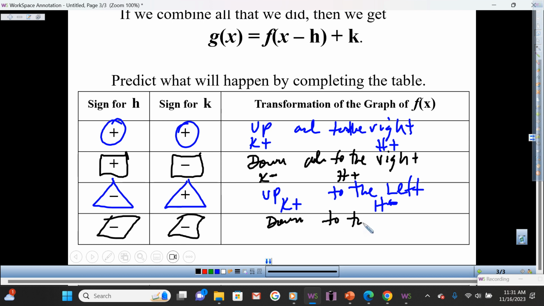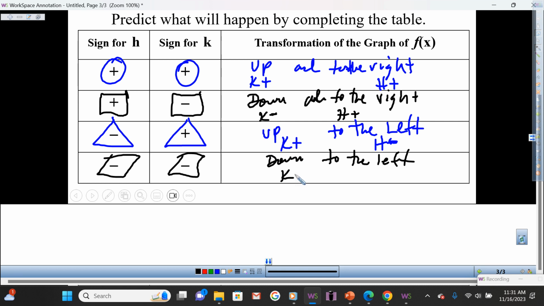Down to the left. Hands up if you got that. That is correct. So this one is down, so k is negative, to the left, h is negative. From 1 to 5, how comfortable are you with that so far? Okay, we got it.